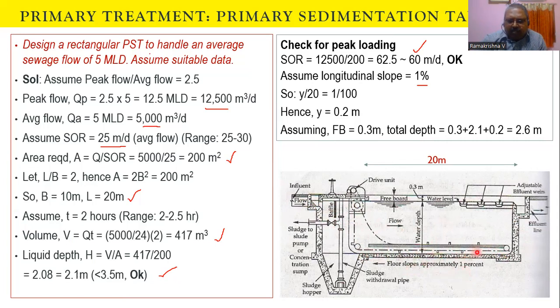All the particles which have settled down will be pushed to a sludge hopper by using a belt conveyor system. So the belt will push all the particles into this sludge hopper, and the entire sludge collected here will be pushed out from the hopper using a sludge withdrawal mechanism.